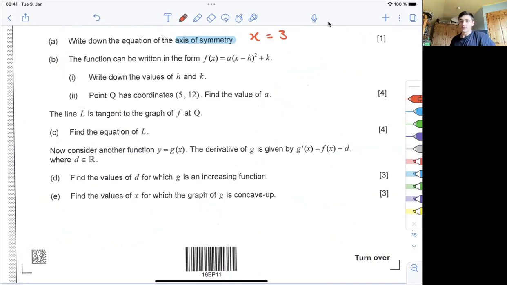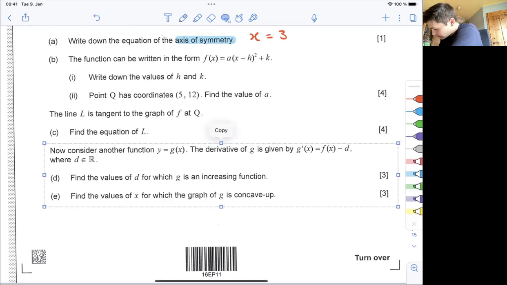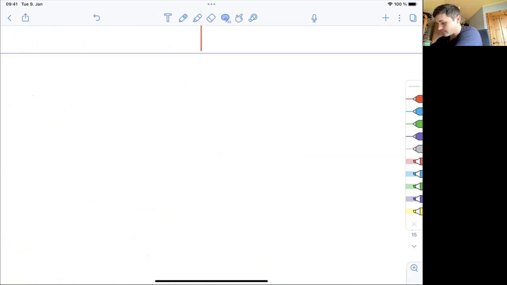And part E, we'll do these two together. Part E says find the values of x for which the graph of g is concave up. Okay, cool. Let's grab these and bring it down to a new page. And that'll do.